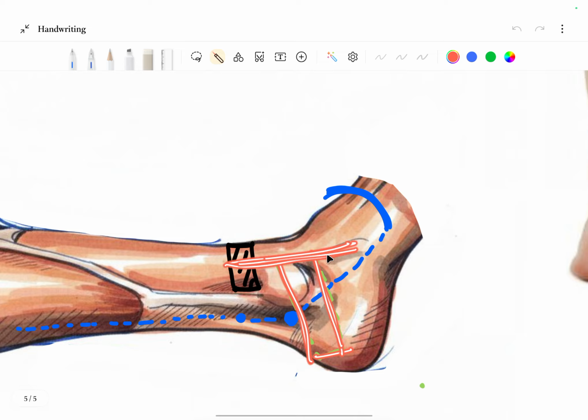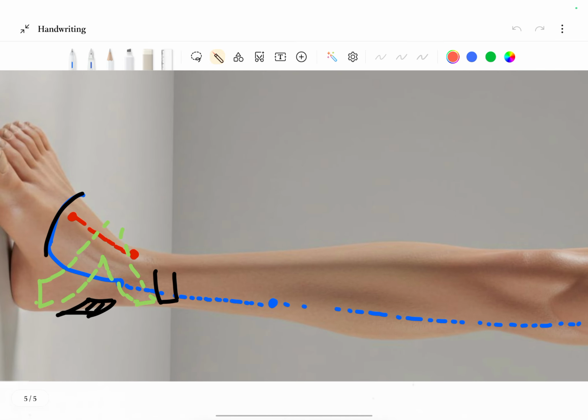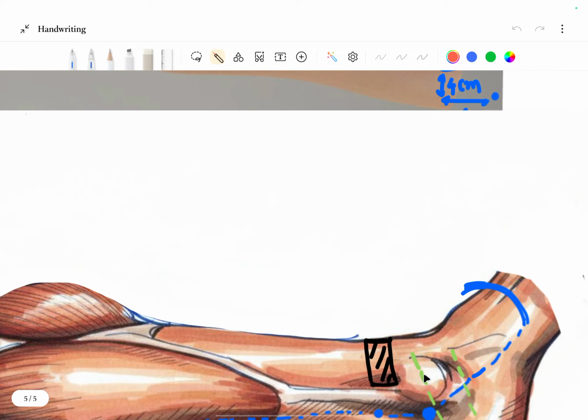From there, this will be your lower band, and here will be the medial malleolus, so it will be your upper band. Both bands are 1 centimeter wide, and this stem is 1.5 centimeter wide.